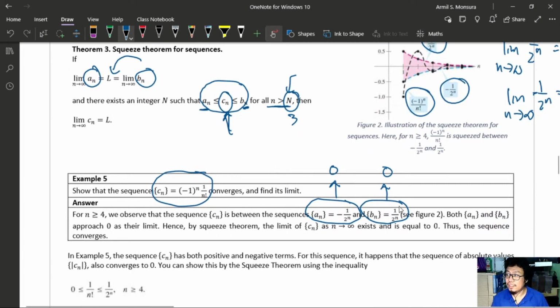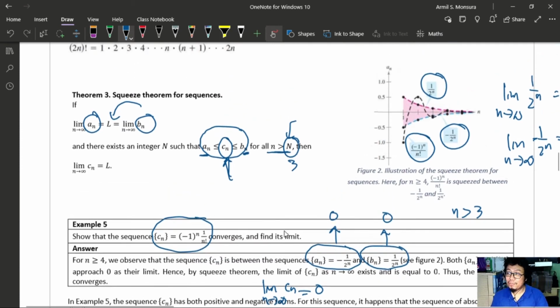For n greater than or equal to 4, or basically, to be consistent with the theorem, n greater than 3, you can say that Cn is sandwiched between A and B. In that case, theorem 3 applies. Therefore, we can conclude that the limit of Cn as n approaches infinity equals 0, even if the first 3 terms are not sandwiched.